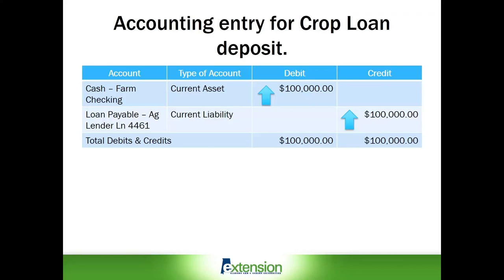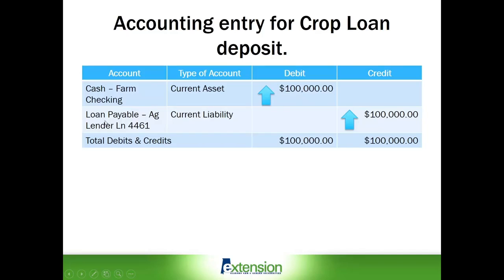Now let's briefly review the accounting entry for this bank deposit we entered into Excel. This is a simple rather than a compound entry. In line 1, cash, farm checking, which is a current asset, increases with a debit entry for $100,000.